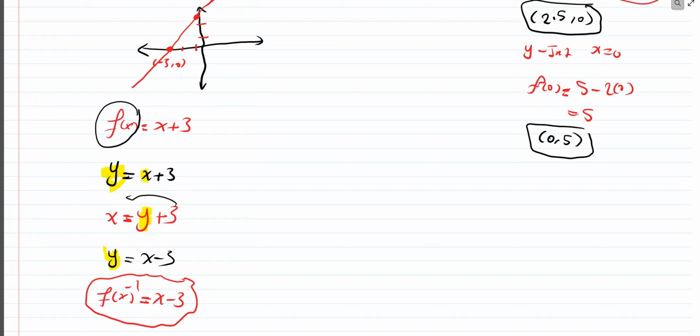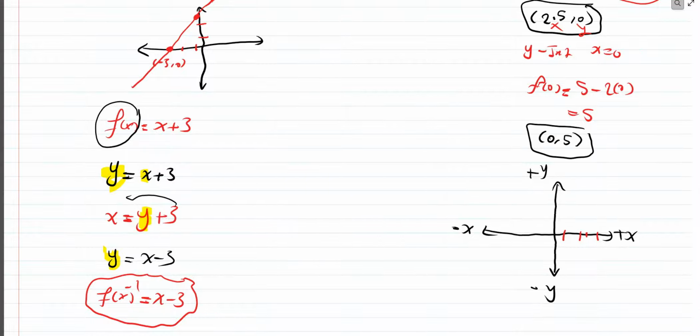If we want to graph, again, this is the coordinate plane, students. Remember, this is y positive, x positive, and the rest, this is y negative, x negative. For 2.5 and 0, we will go on the x-axis positive side. This is x, this is y. So we will have 1, 2, 3, right? But I want 2.5, so it's in between. Let me redraw.